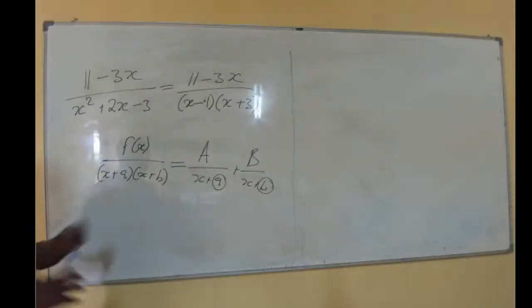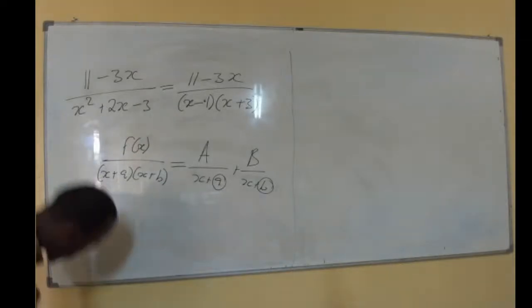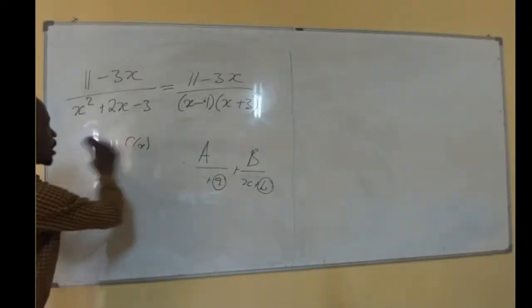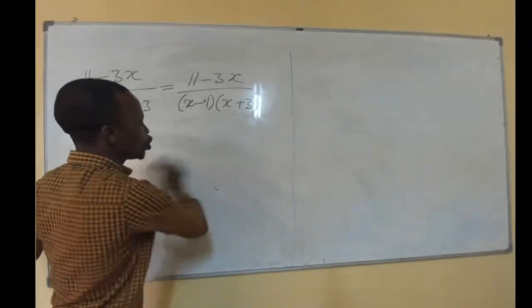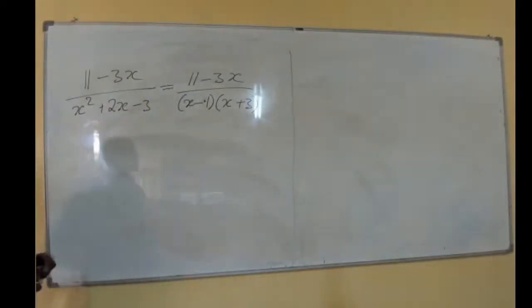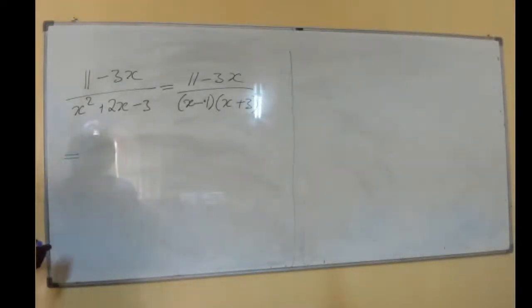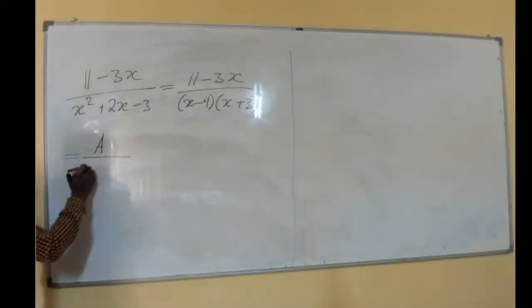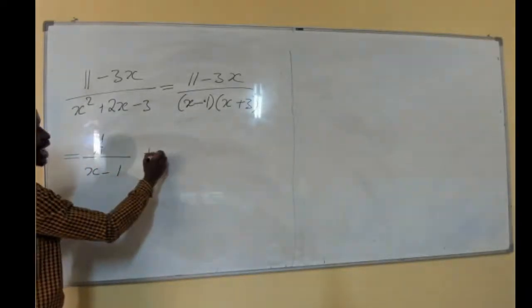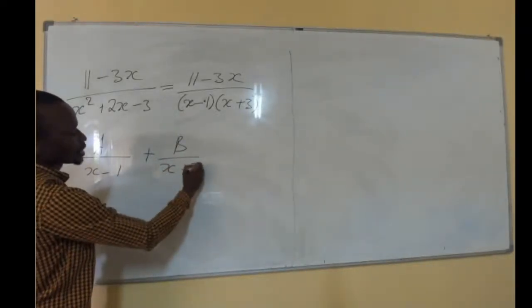So in this case, comparing it to this, our f of x is 11 minus 3x, and we can write the expression as A divided by (x minus 1) plus B divided by (x plus 3).